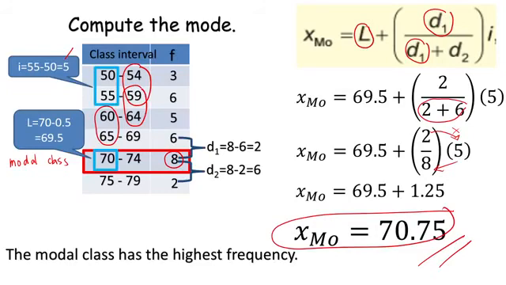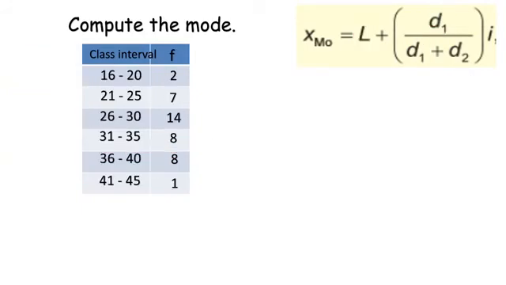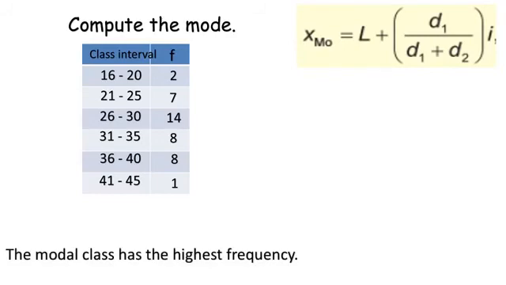Everything is clear over the second example? Okay, let's now proceed to our third example, our last example. So we have here, what is the highest frequency? 14. Therefore, this will be our modal class.